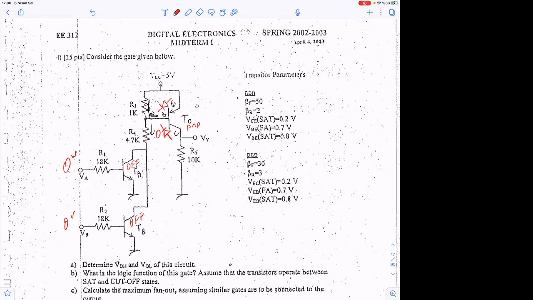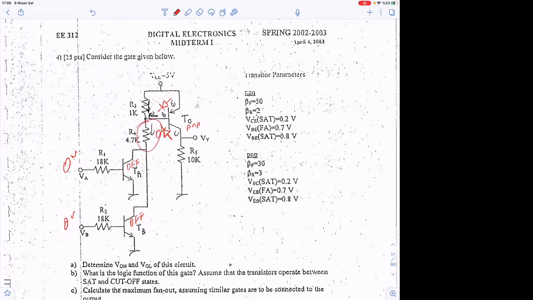Do we know which junction is on and which junction is off? The first one is on, I think.